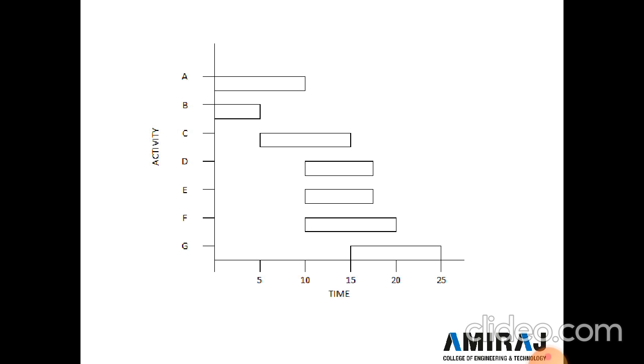They are totally independent activities. Second, the comment is that activity C starts after completion of activity B. Clear? And activities D, E, F start after completion of activity A, because A is finished here, so these three activities start after completion of activity A. And activity G starts after completion of activity C, because C is completed here and activity G starts from here.